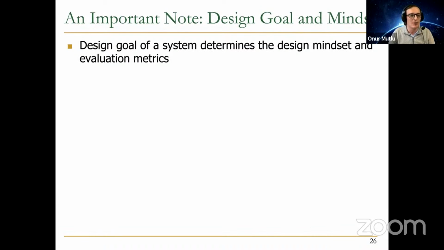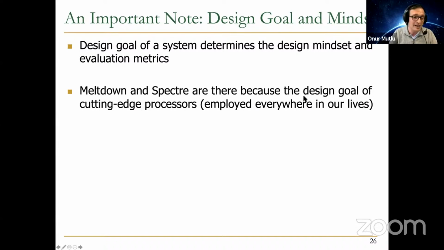Okay, before I move to RowHammer, based on that cartoon, let me put this important note. Basically, design goal of a system determines the design mindset and evaluation metrics. So Meltdown and Spectre are there because the design goal never thought about security. And rightly so, I think, because security was not that important. And the drive was always for high performance for some time.